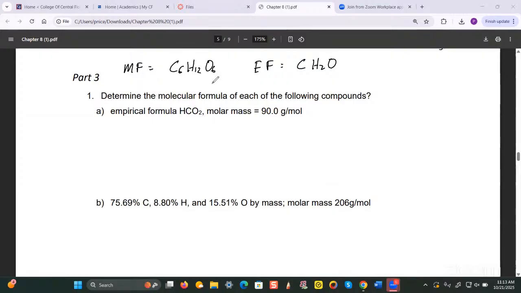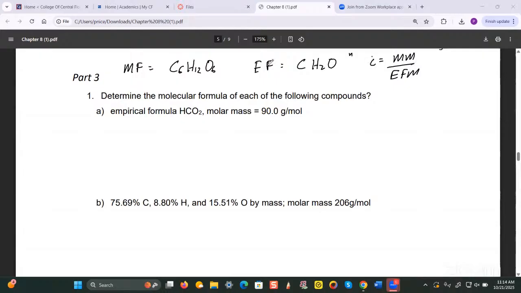Now, if you know what the empirical formula is, and you want to get the molecular formula, you need an extra piece of information. That extra piece of information is what is called the integral factor. In some textbooks, they use the letter I to represent it. I'm going to use that. In other textbooks, they use the letter N. Doesn't matter really. But the integral factor is basically the molar mass of the compound divided by the empirical formula mass of the compound.